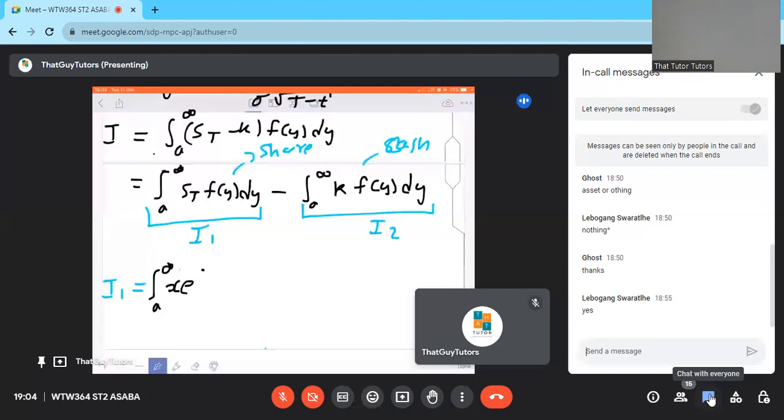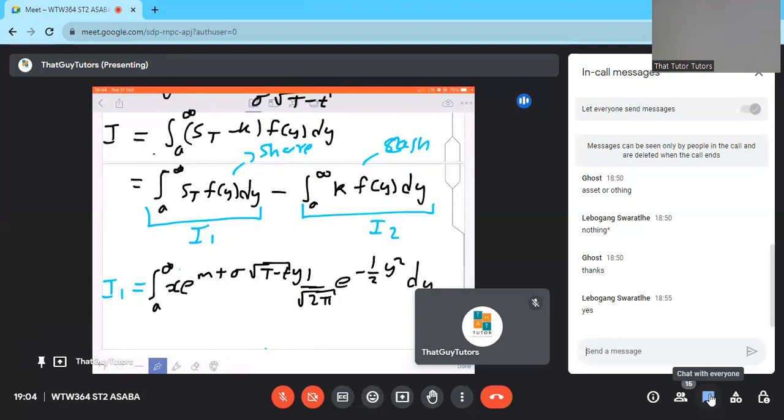And then your f of y is your standard normal distribution, right? So you're going to have 1 over square root of 2 pi, and the variance is 1, so e to the minus 1/2 y squared dy. And then you can put these things together.